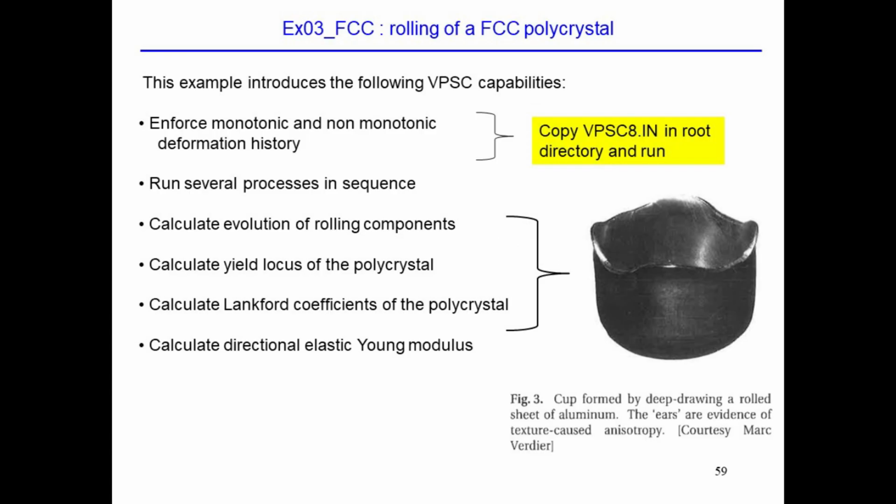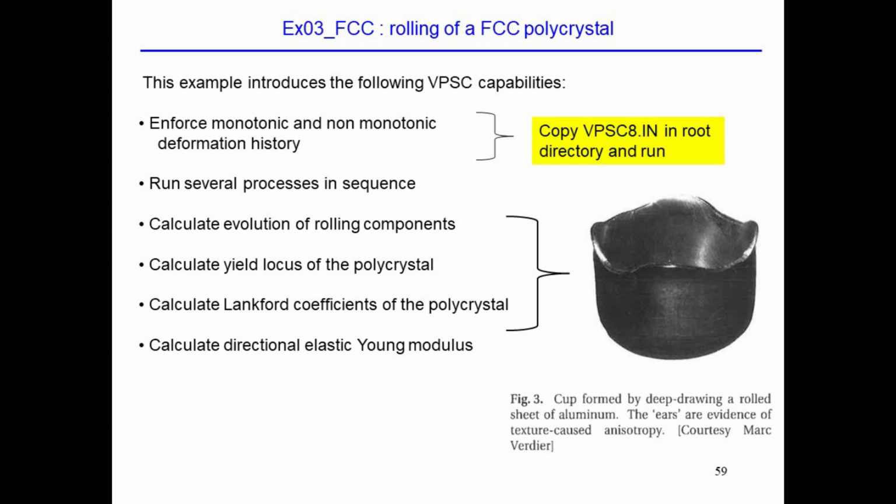The next problem that we are going to be looking at is the rolling of an FCC polycrystal, and in this example we will introduce several of the VPSC capabilities. Those are the capability of enforcing a monotonic deformation history, which is the same as we did for tension and compression, or a non-monotonic deformation history, which in the applications that we have used comes from a finite element code.